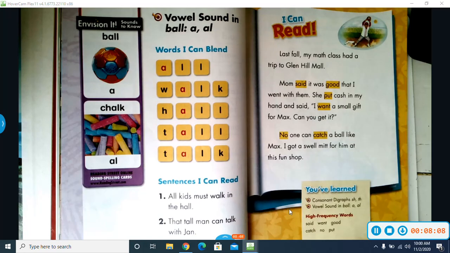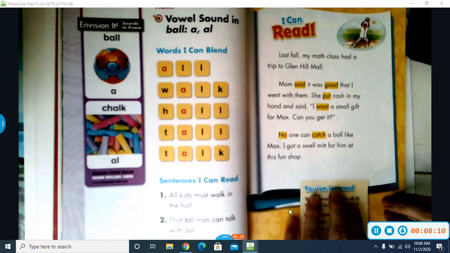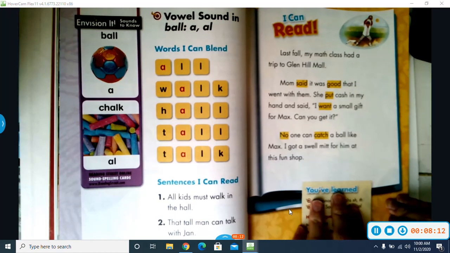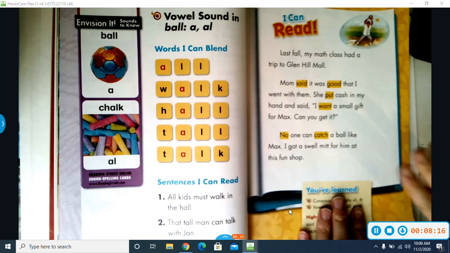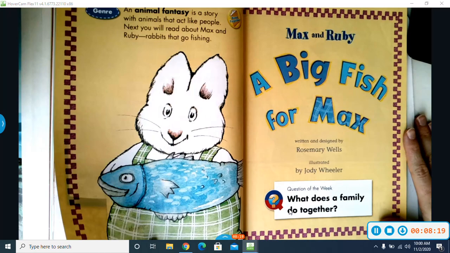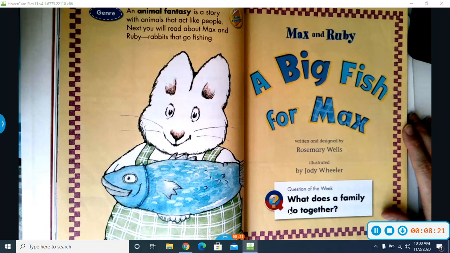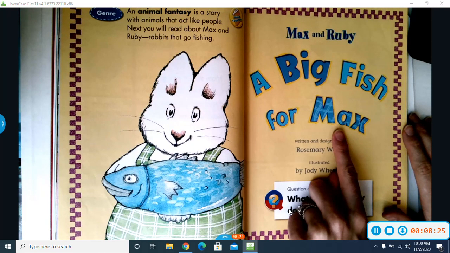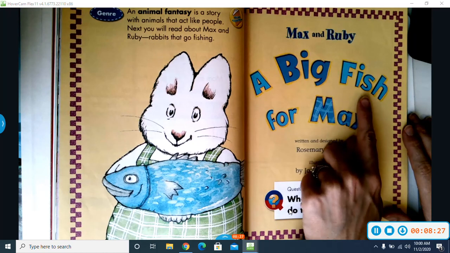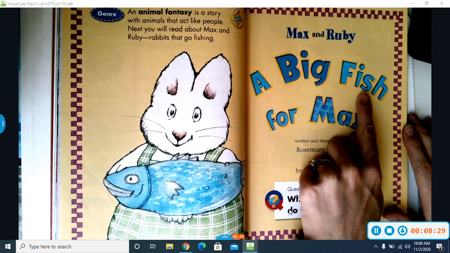Now, boys and girls, remember this week we are talking about sequence, retelling stories in order. So I'm on the page we just read. I'm going to turn one page and I'm going to see this story called A Big Fish for Max. Remember yesterday we talked about that SH sound in words.